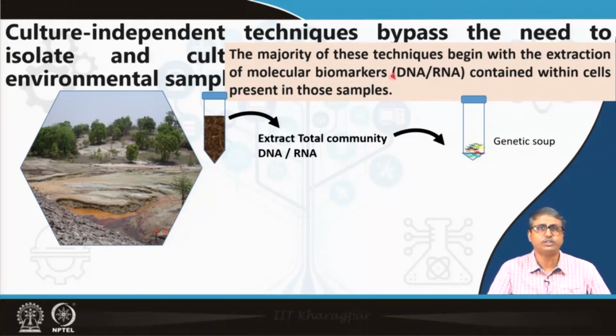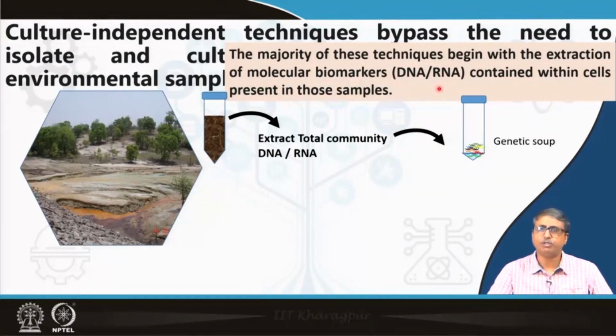The macromolecule is a very stable molecule inside the cell, and outside the cell also. So, we try to recover the DNA from the sample, and sometimes we try to recover the RNA also if we have some specific questions, which I will come back to, but basically it is preferred that most of the time it is DNA, but RNA can also be used. So, I write DNA or RNA.